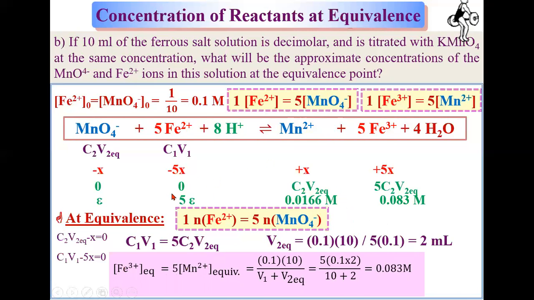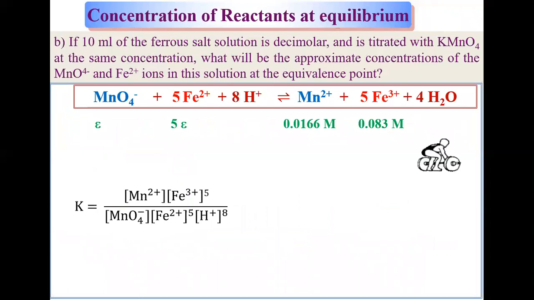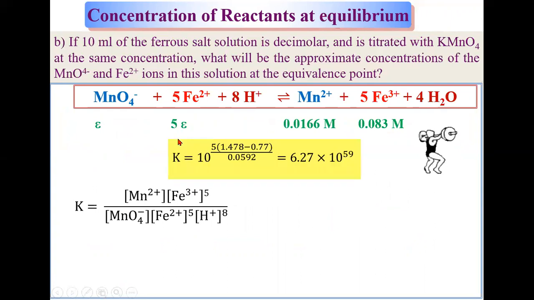All right, of course, I have these product concentrations. It's minus epsilon on both sides, but the minus epsilon on the product side is negligible. And so on the reactant side, instead of 0, I should put 5 epsilon and epsilon for the manganese. And thus, if I have this expression, I could easily get epsilon from the K. Solve for K. You all know how to get K now.